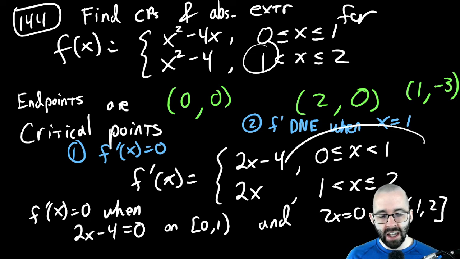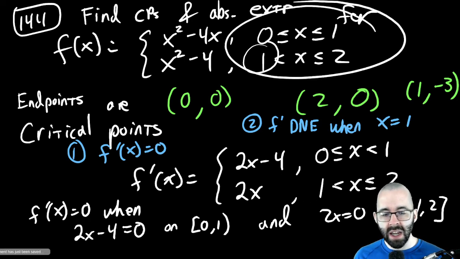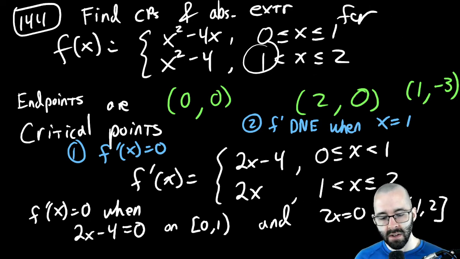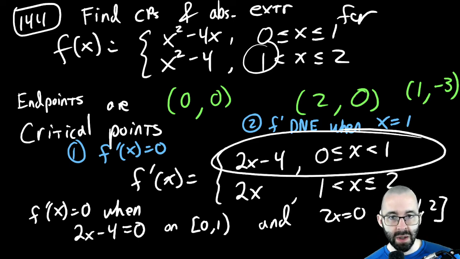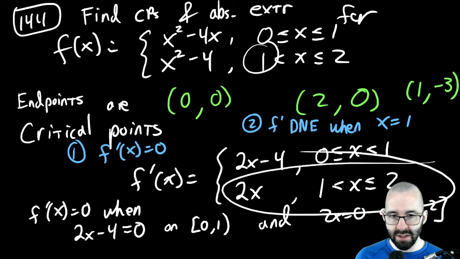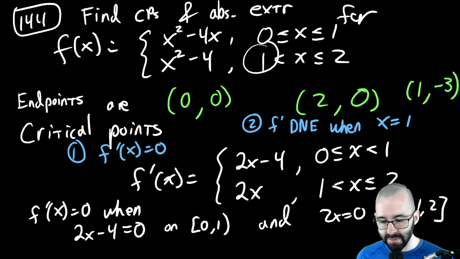Right? We're only looking at our domain. Our domain is just 0 to 2. And so we're looking when this slope equals 0 on this interval, or when this slope equals 0 on this interval.